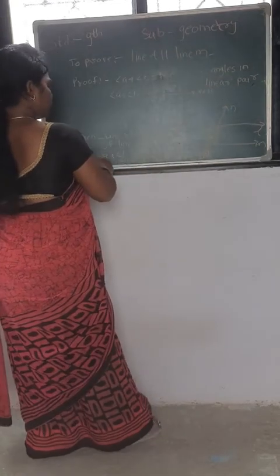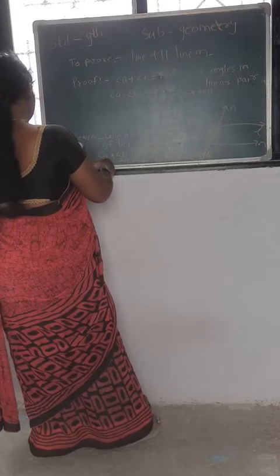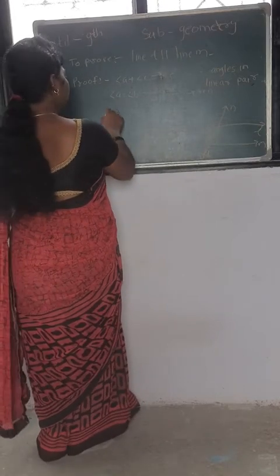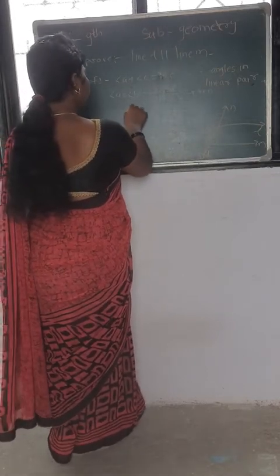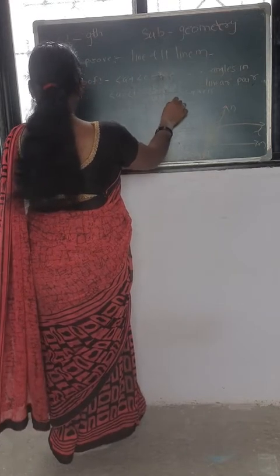Angle A and angle B are a congruent pair of alternate angles. Therefore, angle B plus angle C is equal to 180 degrees.